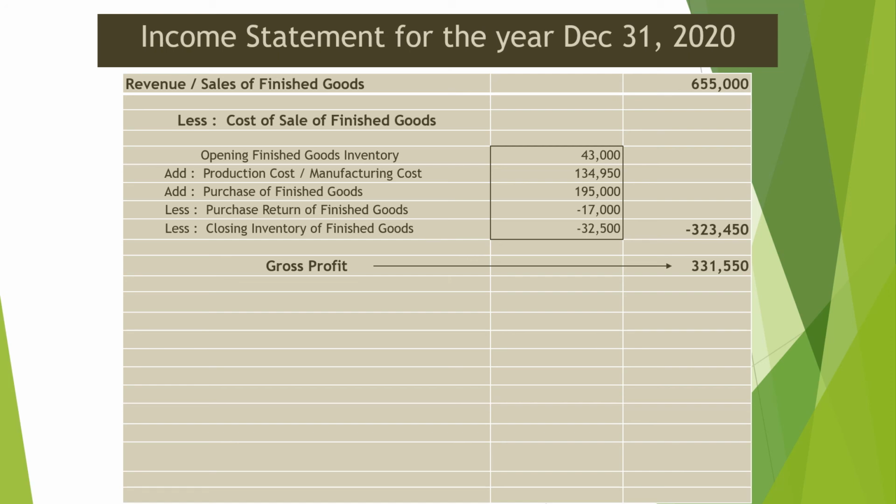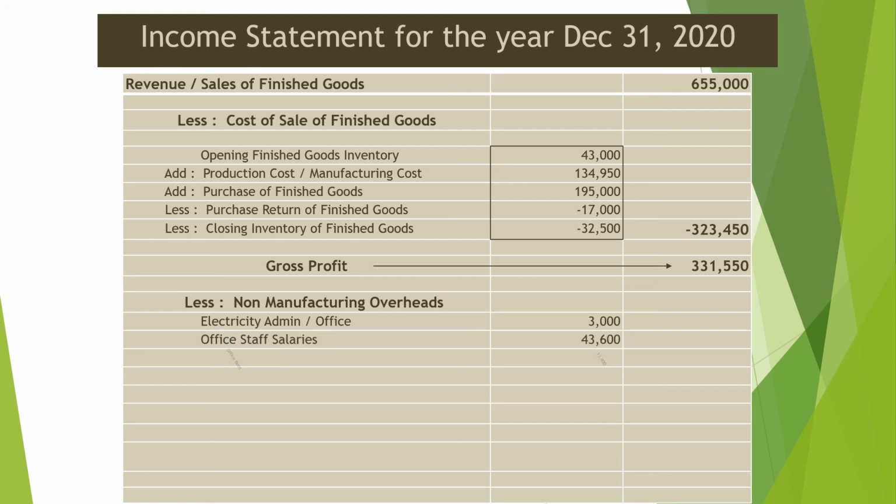The cost of sale will be deducted from the revenue, and we will get the gross profit, which is 331,550. Now we will add here non-manufacturing overheads. These are all admin and office expenses.